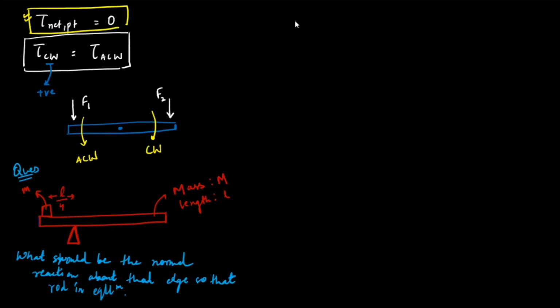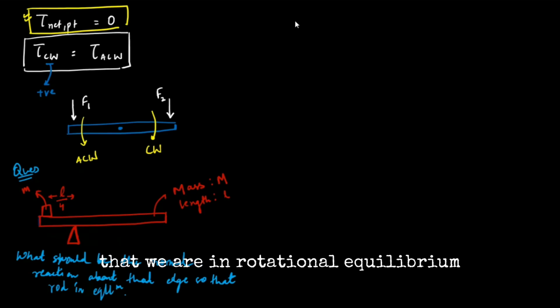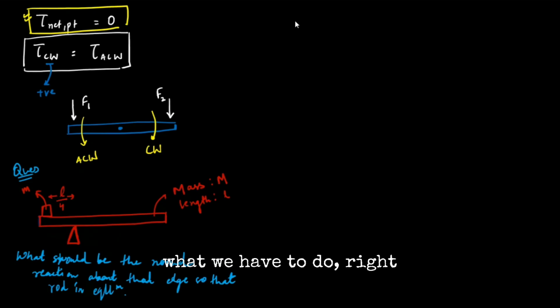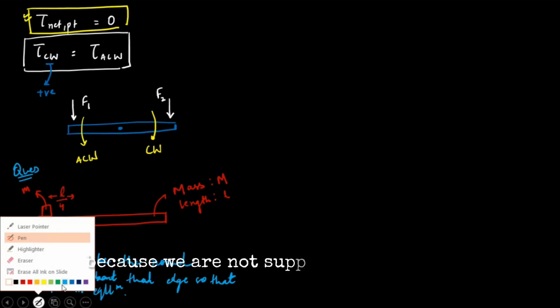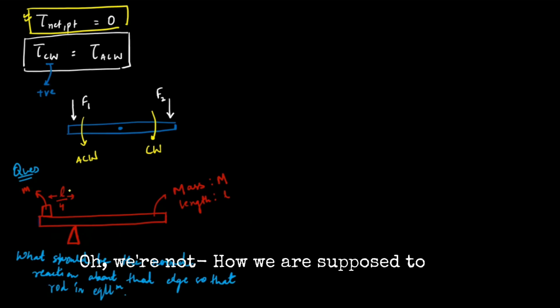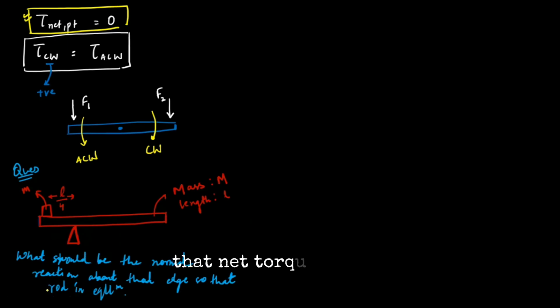Right now, on the left side, there's some torque which is going anti-clockwise. To balance that out, we could place another mass, but we are not supposed to place anything here. We are supposed to solve how to apply that net torque is zero.